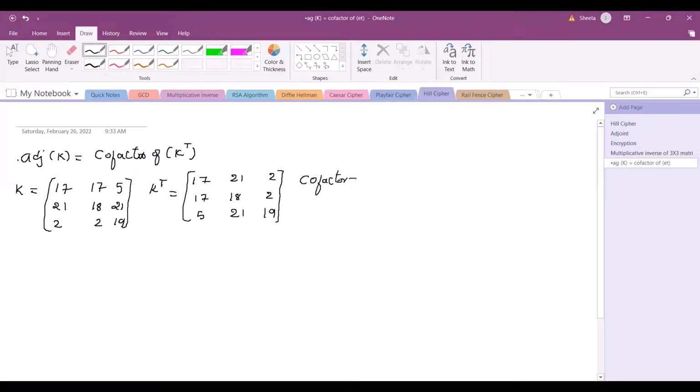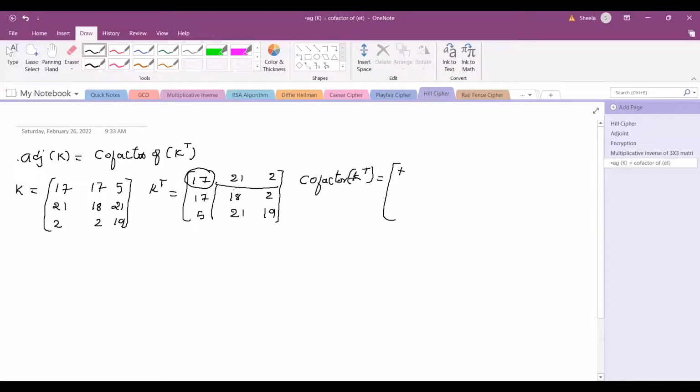So when we consider the cofactor of K transpose, we have to understand that for the first row, first column the sign will be positive, and I'm finding the cofactor of 17. For the cofactor of 17, I need to skip this row and this column.